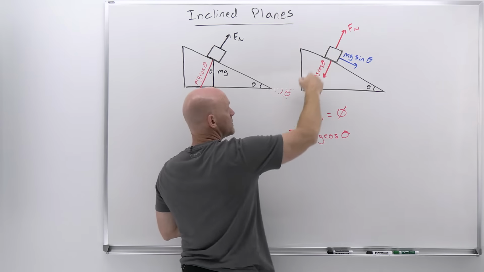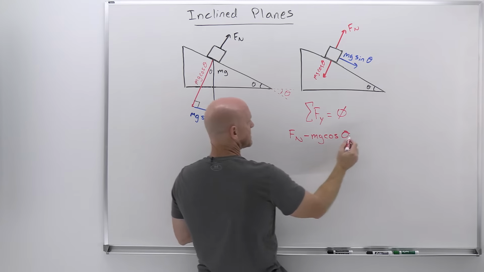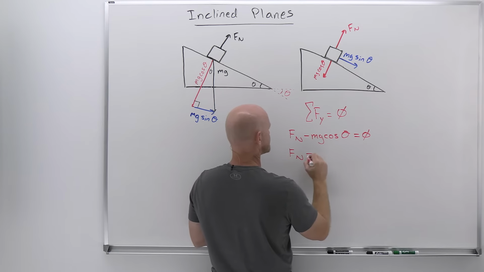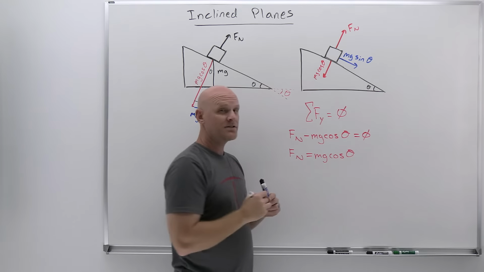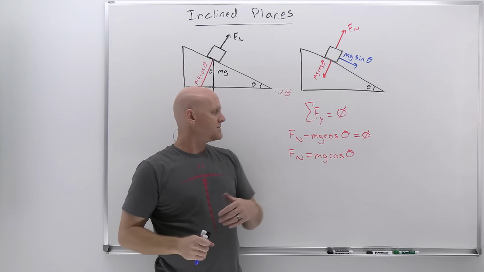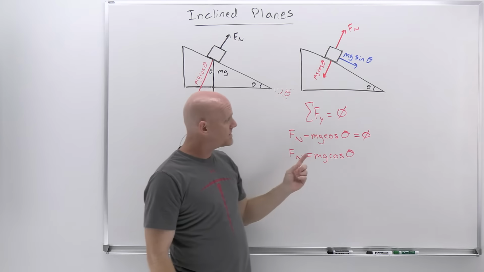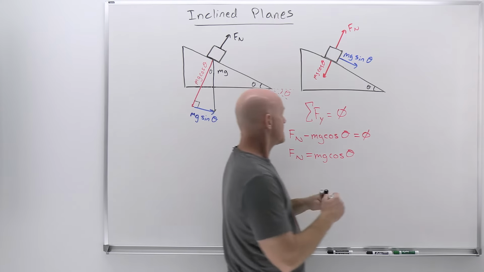Mg cosine theta pointing more downish, so I'll make that the negative direction. And so normal force minus mg cosine theta equals 0. And we can see pretty quickly that the normal force actually has a magnitude of mg cosine theta, and that's pretty common. You're probably going to even get to the point where you're just making that assumption from the get-go that this normal force is going to have that magnitude right off the bat.